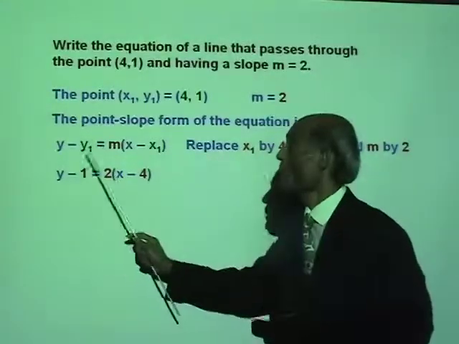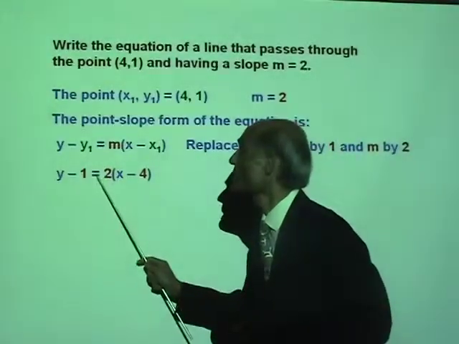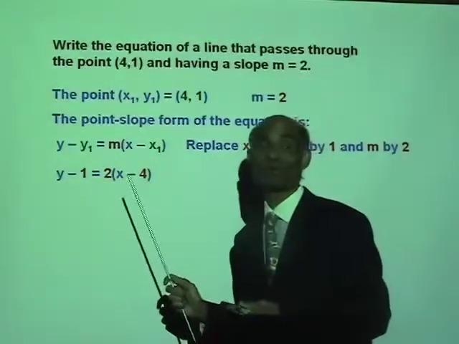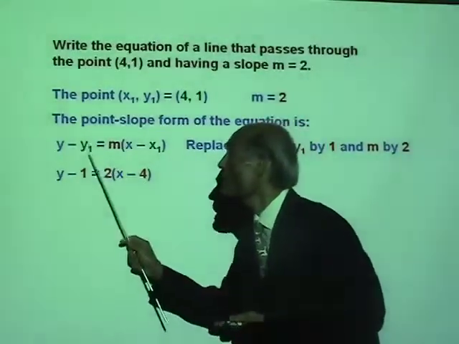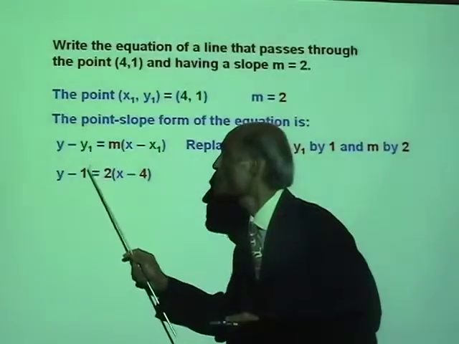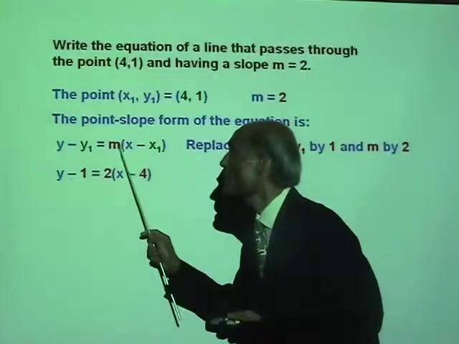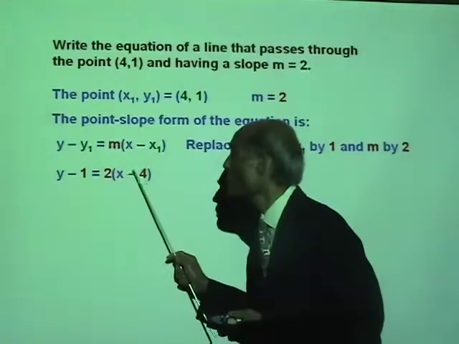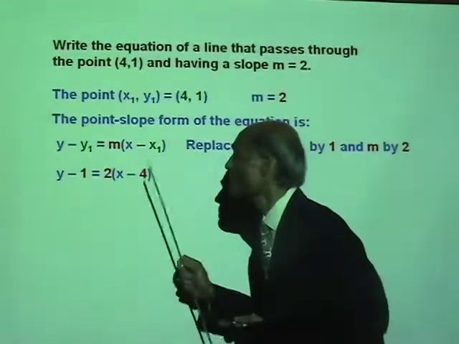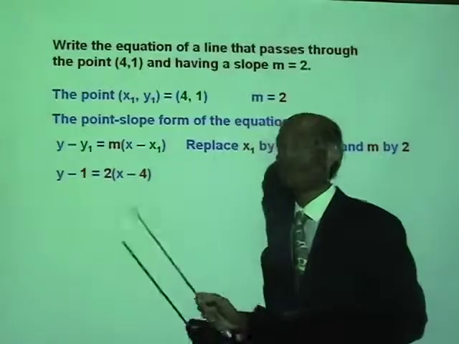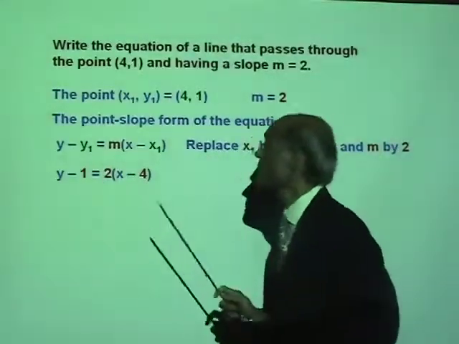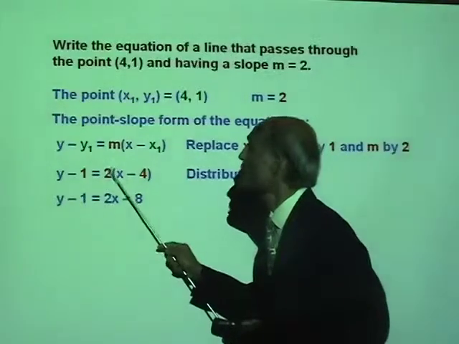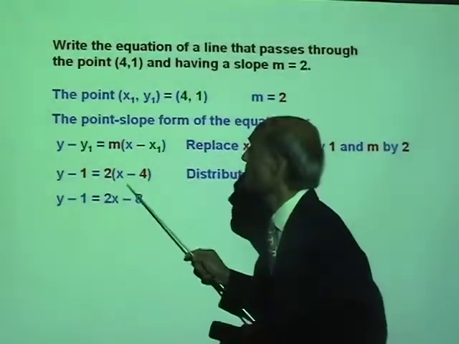What do you get? y minus 1 equal to 2 times (x minus 4). y minus y1, y1 is replaced by 1, equal to m times, m is replaced by 2, (x minus x1), x1 is replaced by 4. And now you distribute that quantity. That gives me y minus 1 equal to 2x minus 8.